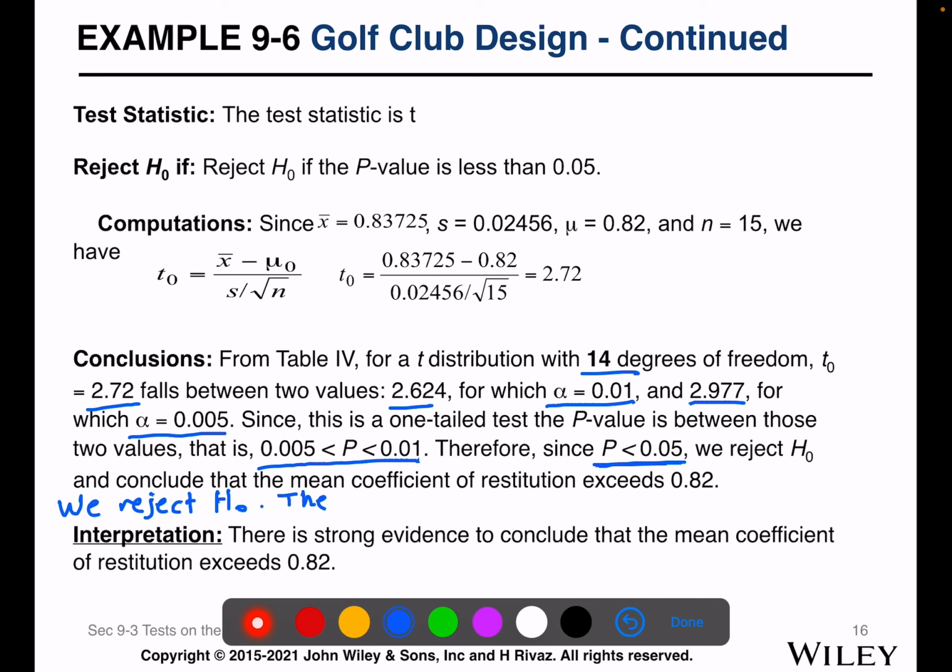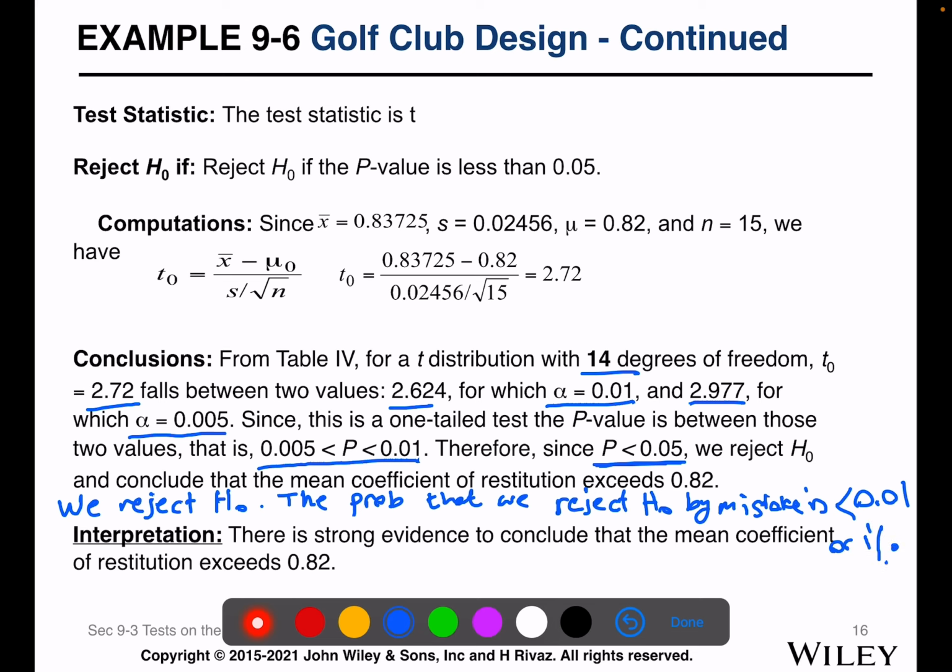The probability that we reject H0 by mistake is less than 0.01 or 1%.